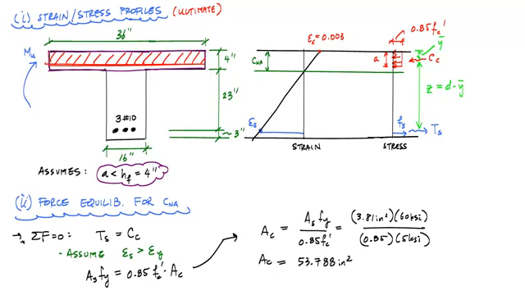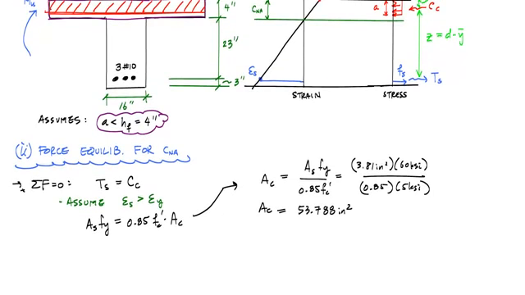And so if I were to calculate the area of the flange, that would just be 36 times 4 inches, which is 144 inches squared. And that means that A sub c is less than A flange, so my area in compression is this red zone.